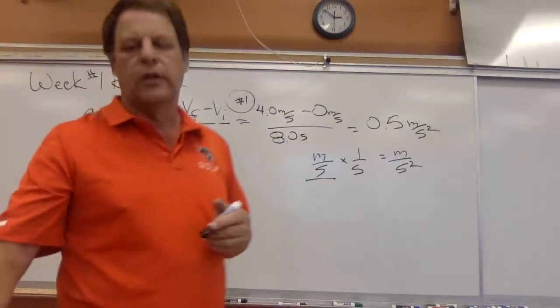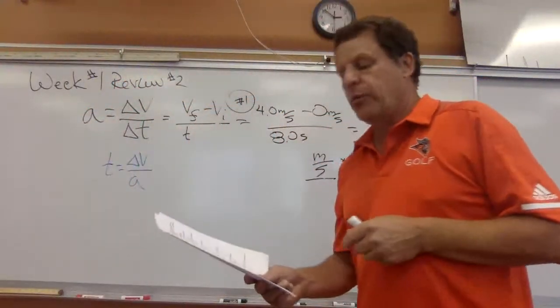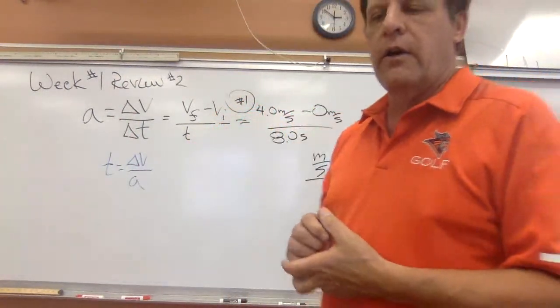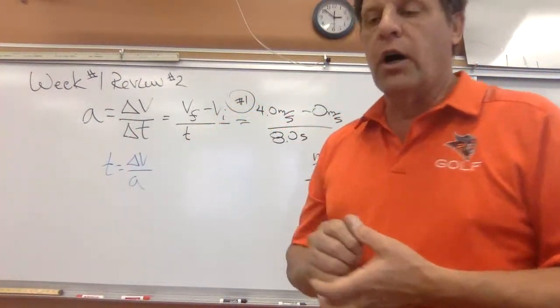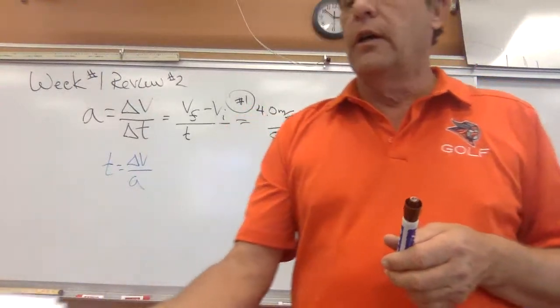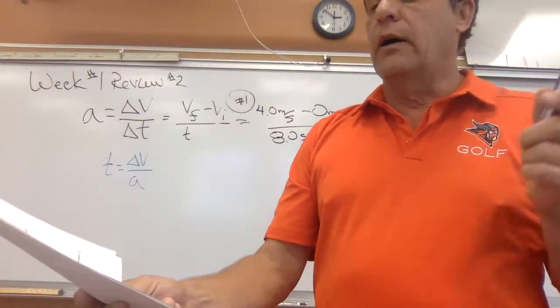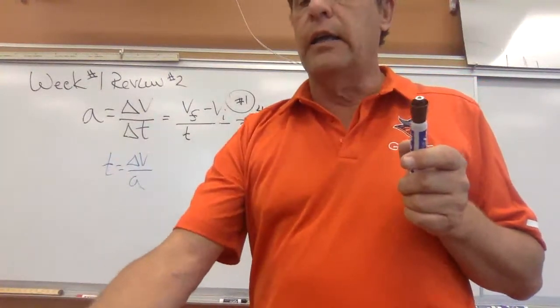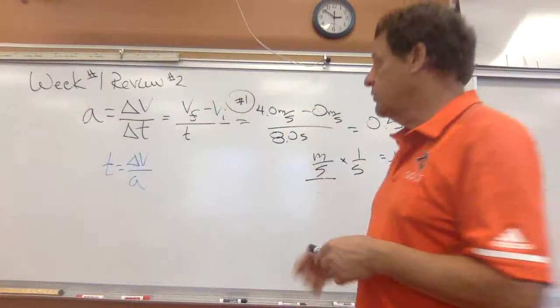And if we look at that, now we can look at number 2. How long does it take for a car to change its velocity from 10 meters per second to 25 meters per second if its acceleration is 3 meters per second squared?